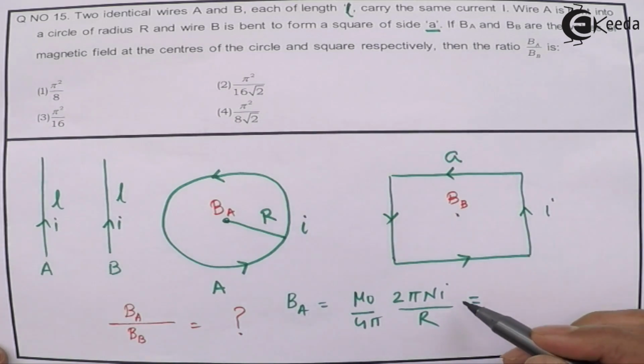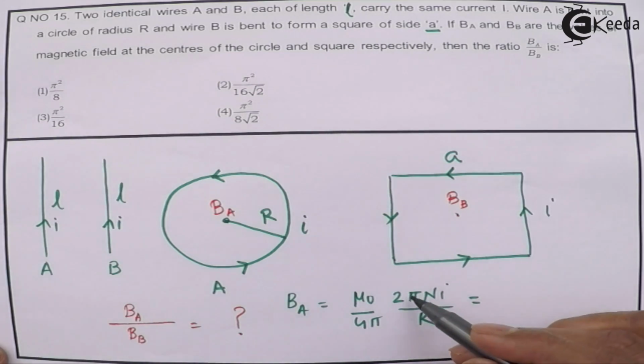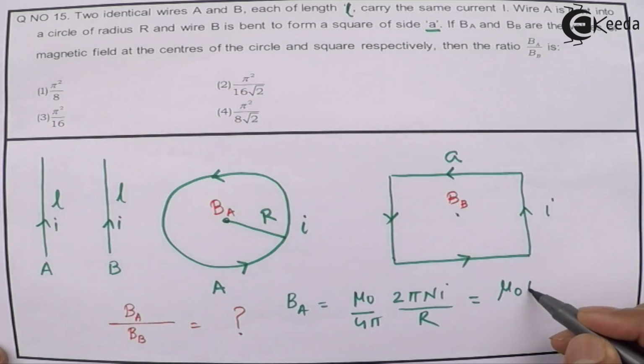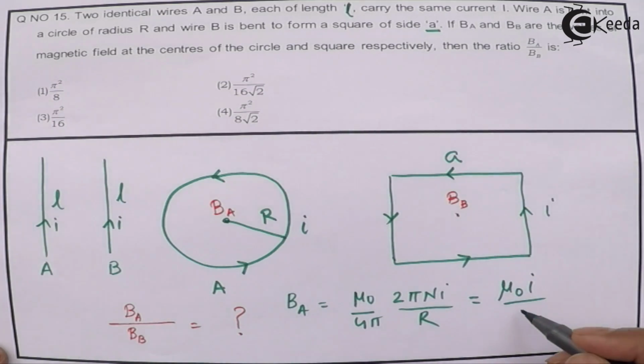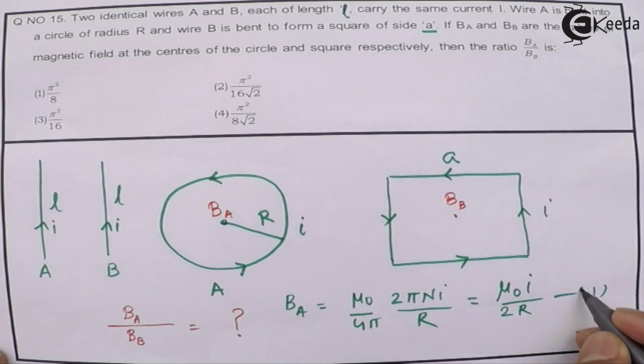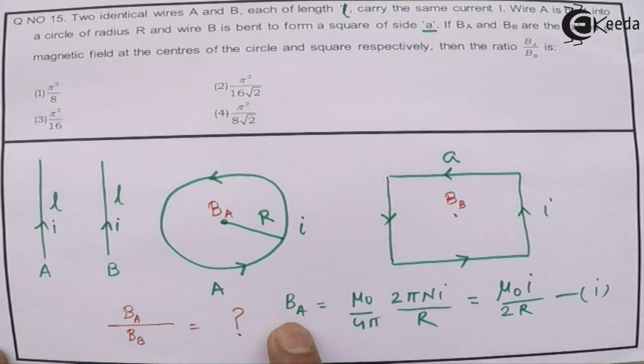If I solve this, 2 pi cancels, so 2 will be there: mu naught I upon 2R. This is equation 1, giving the magnetic field at the center of a circular coil.